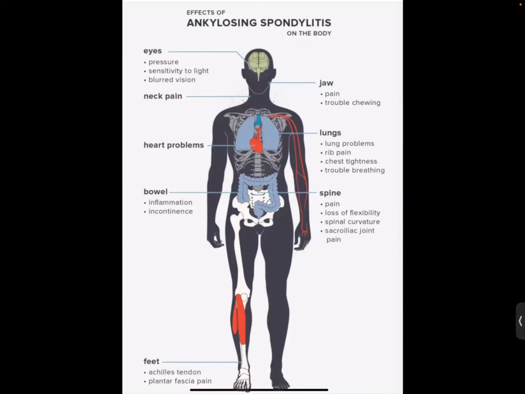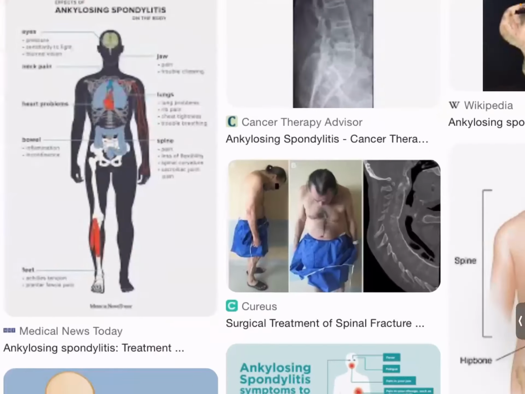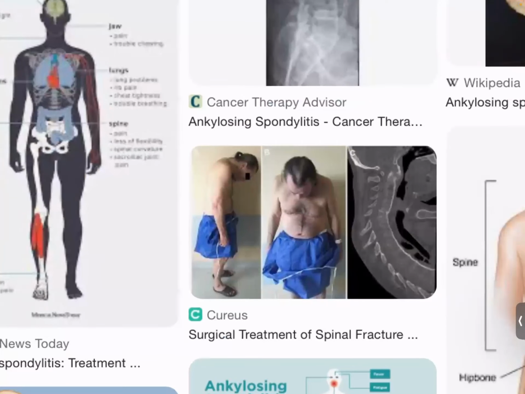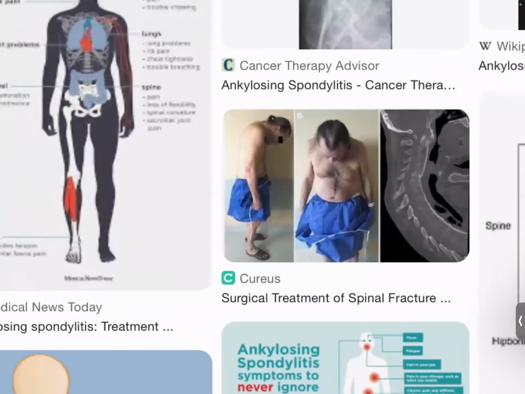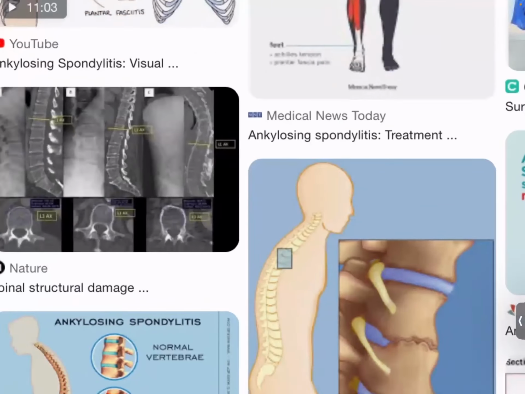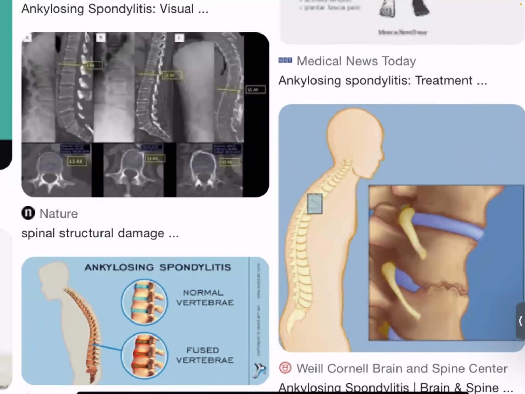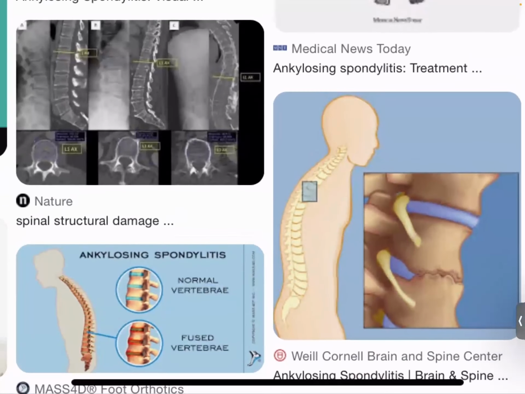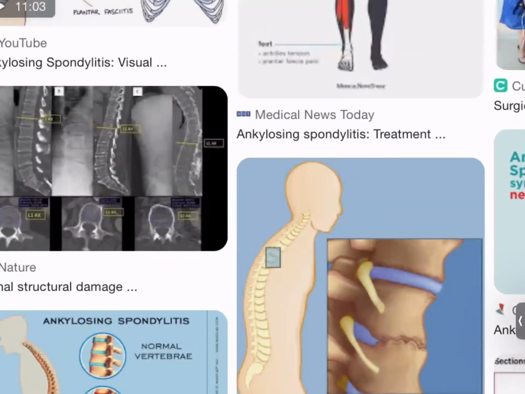Ankylosing spondylitis, you will find a lot of findings. This is the patient with ankylosing spondylitis. Ankylosing means fusion between the vertebrae. Here it's very clear that there is fusion between the vertebrae.